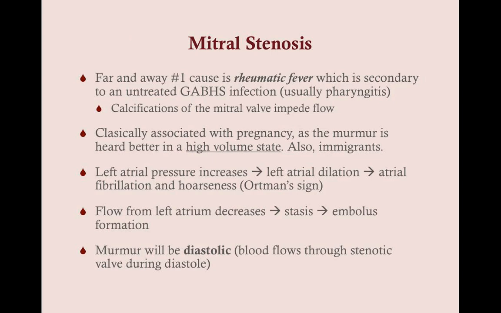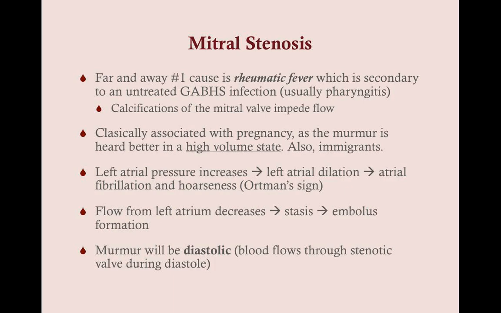Okay, so mitral stenosis. So far and away, even in the United States, the number one cause is going to be rheumatic fever, which, as I mentioned, is due to a group A beta hemolytic strep infection. I'm just going to call that strep infection. Usually this is a pharyngeal strep infection from Strep pyogenes.